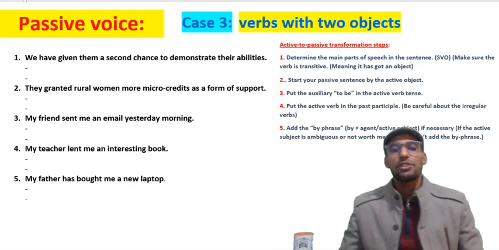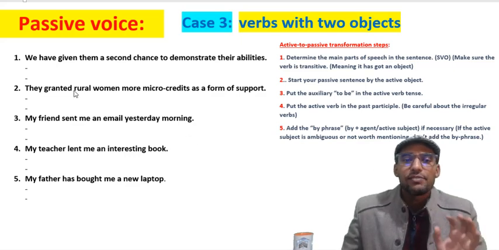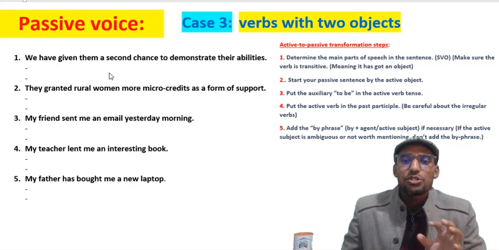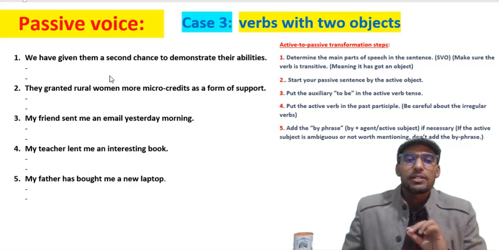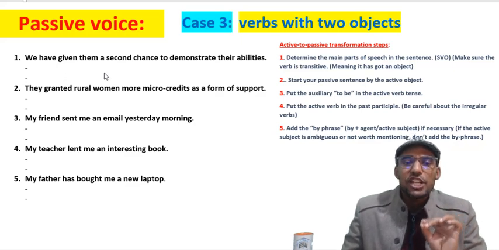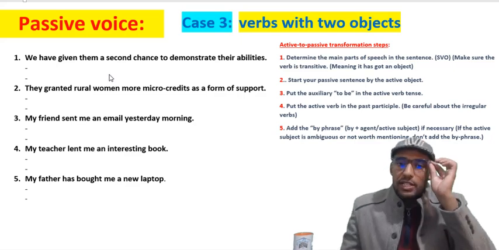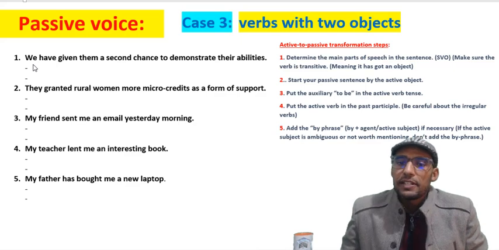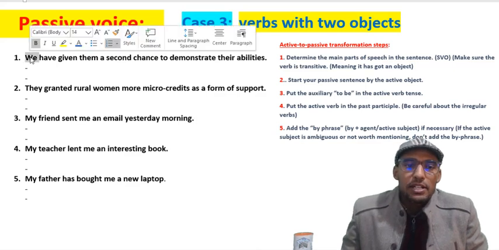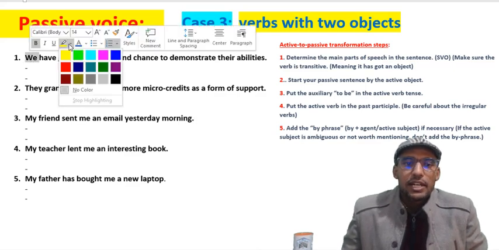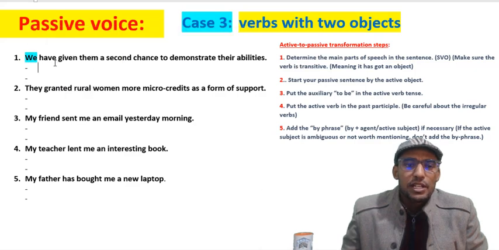Okay, let's start again with the first statement, guys. Here we have: We have given them a second chance to demonstrate their abilities. As usual, we start with the first step. We have to determine the parts of speech again. So number 1 is the subject.